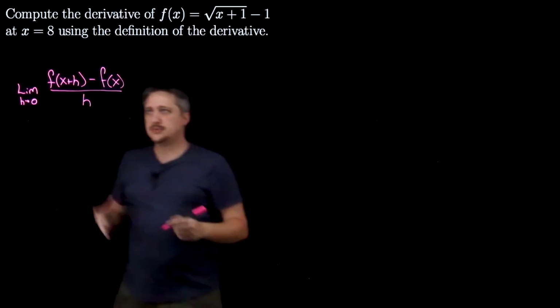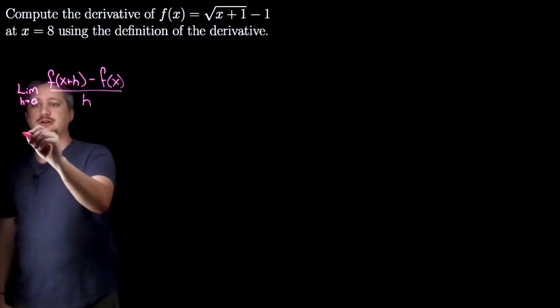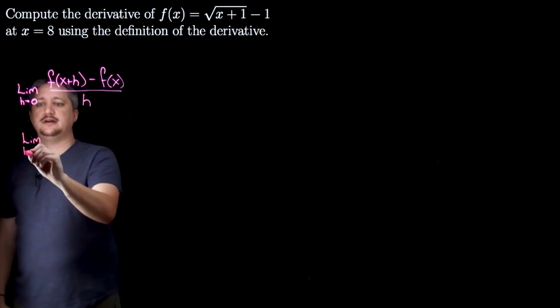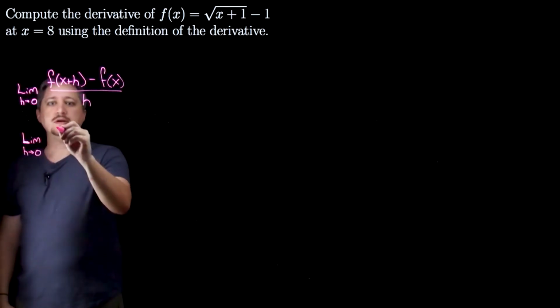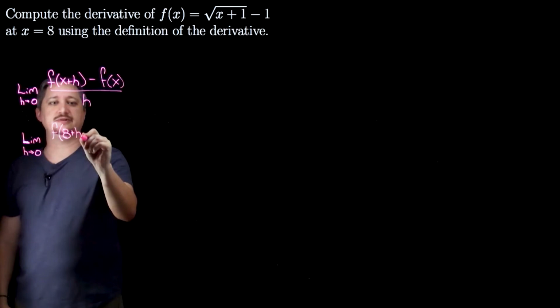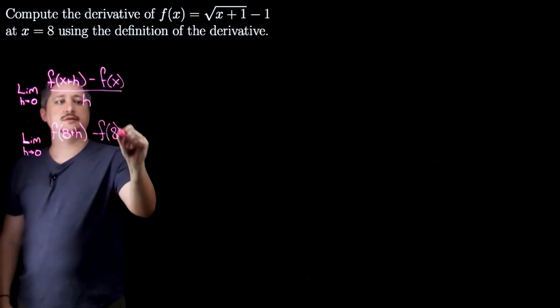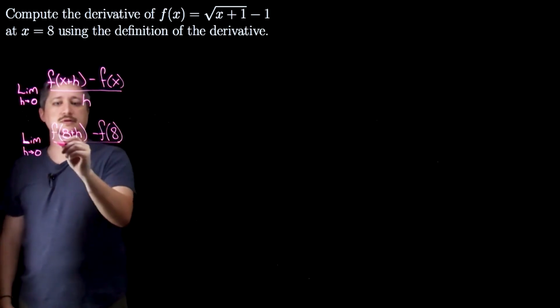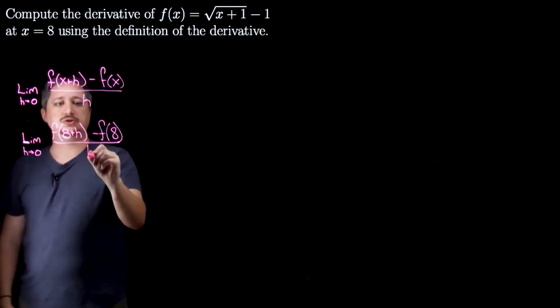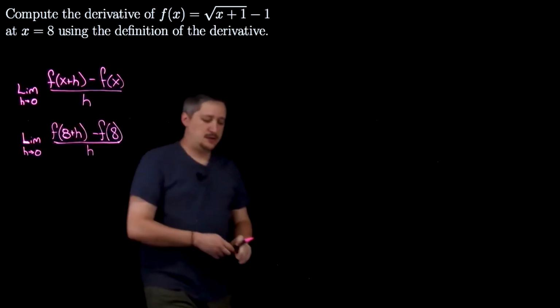So plugging that in, what we really want to compute here is the limit as h goes to 0 of f of 8 plus h minus f of 8, all over h.